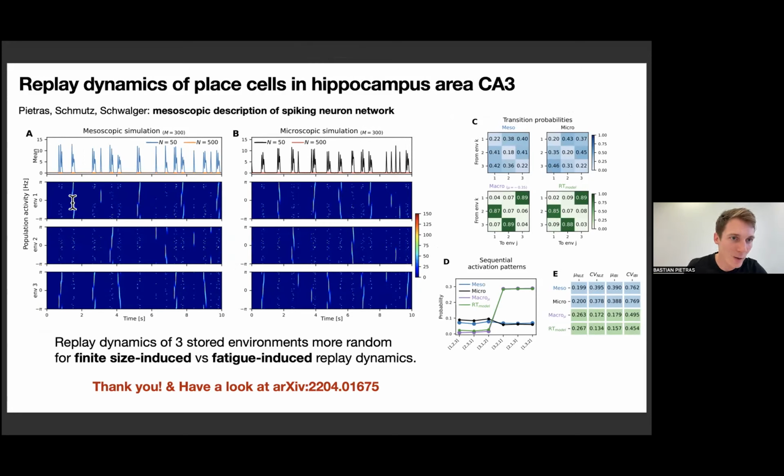So here environment 1 is active, then environment 3 is active, whereas the other two are not. And the results basically are that in our finite size model, or in this finite size induced regime, the replay dynamics are way more random than in deterministic models. And more information about that is in our arXiv manuscript.